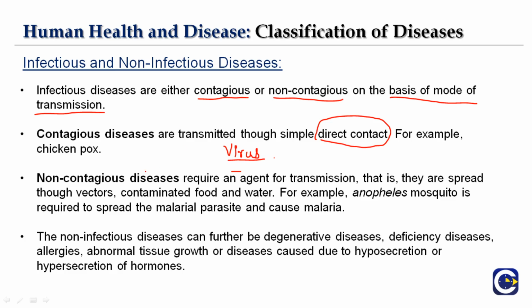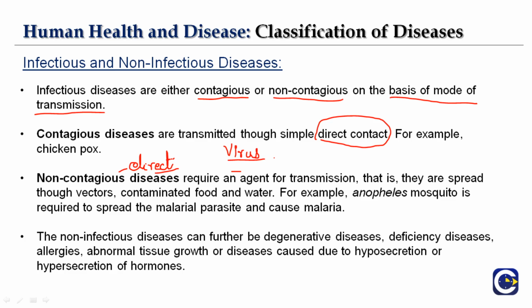Next is non-contagious diseases. See, when I say non-contagious, they are not spread through direct contact. They do not spread directly, but they require an agent, a mediator from their side to transfer that disease, to make the person positive for disease.